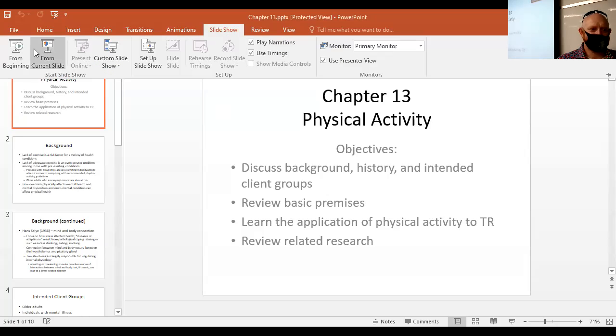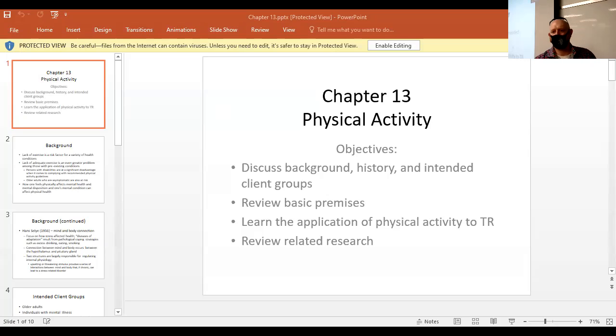And we know that physical activity is a huge part of therapeutic recreation in a lot of cases. Now, we know that therapeutic recreation is not just physical activity. It's not just getting somebody and doing a workout with them. That might be a personal trainer doing that.